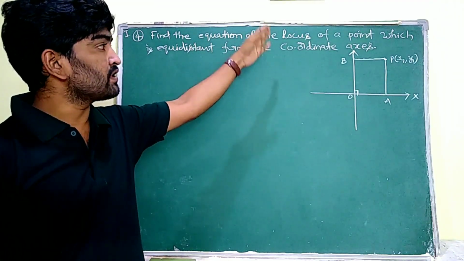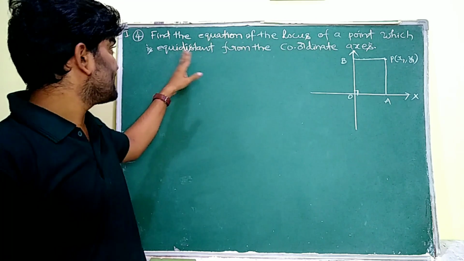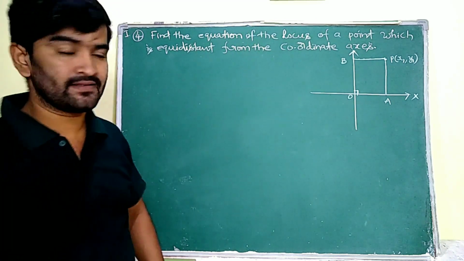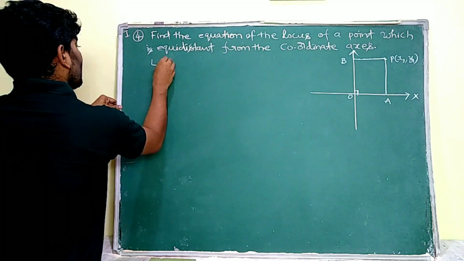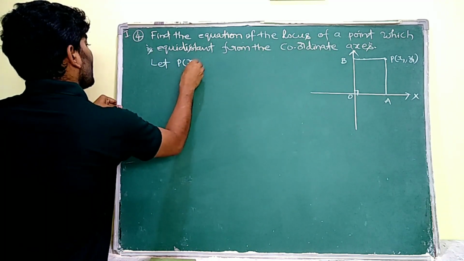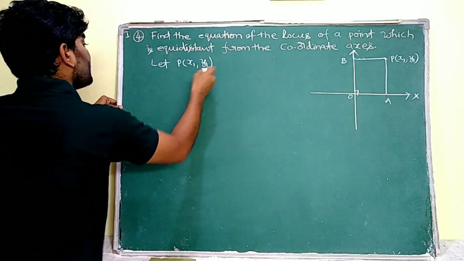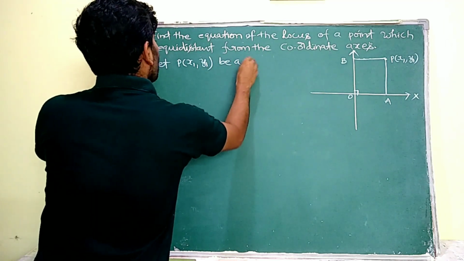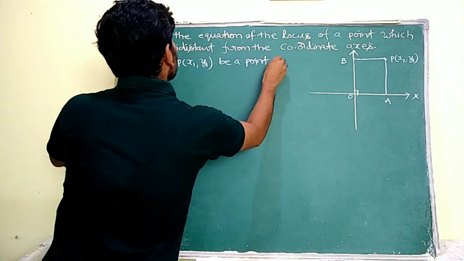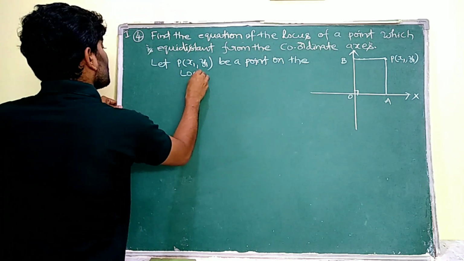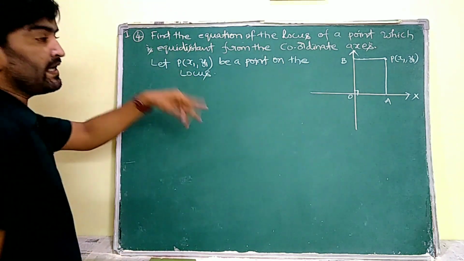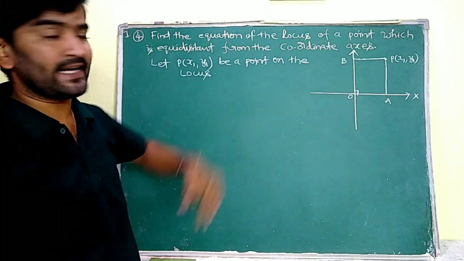Find the equation of the locus of a point which is equidistant from the coordinate axes. Firstly, we have to assume that P(x1, y1) is a point on the locus. This point P is equidistant from the coordinate axes.